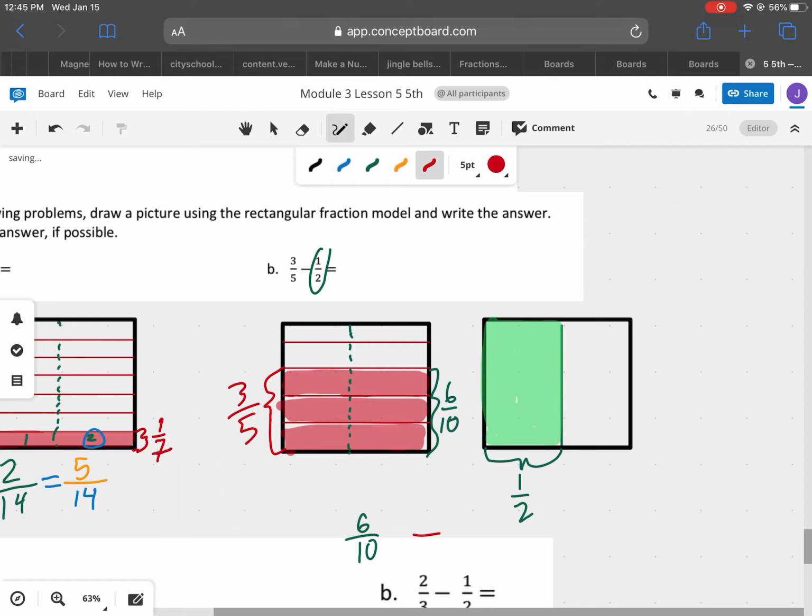And I'm going to minus. Now I'm going to break these into fifths across horizontally.